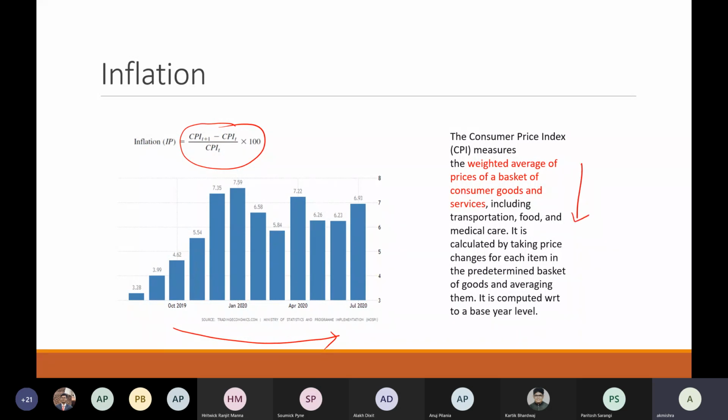That's why I'm assuming that we know. A change in CPI means there is a change in the value of the basket. If the value of the basket has gone up, then your inflation rate changes.